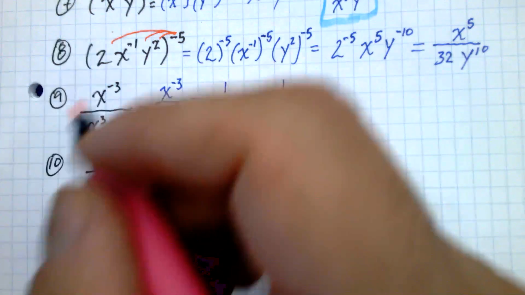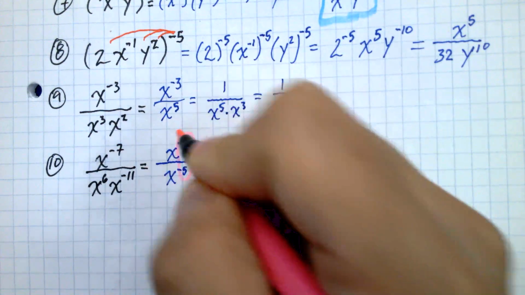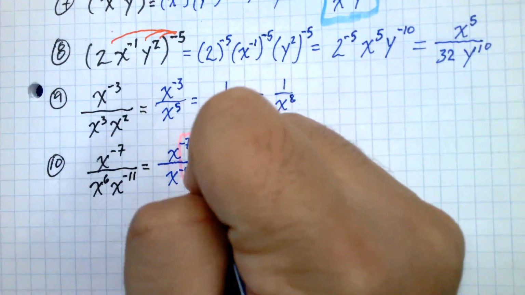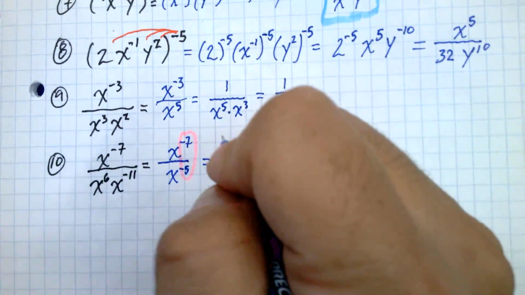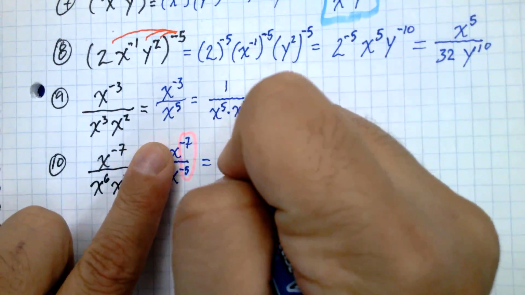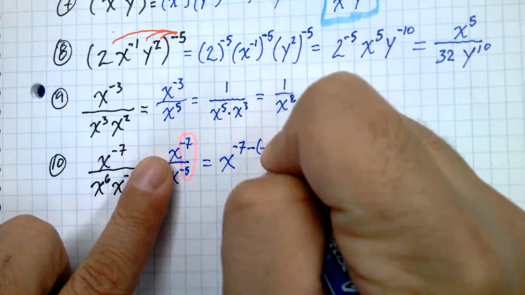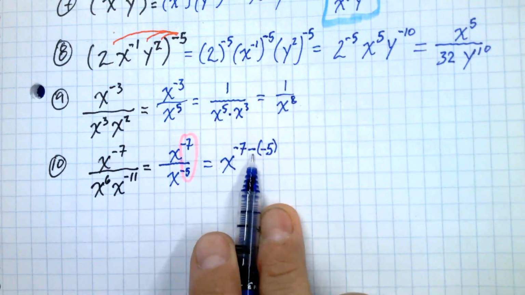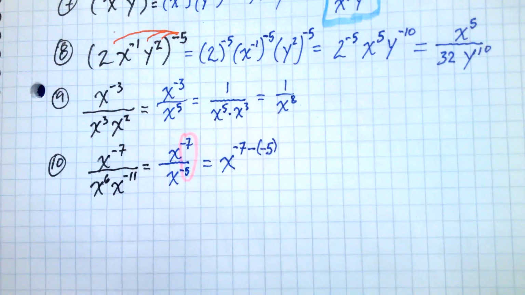Following the rule when we're dividing powers with the same base, we're supposed to subtract these. Let me show you what the subtraction is. This becomes x to the negative 7 minus negative 5. And then you could keep, change, opposite and you get negative 2.